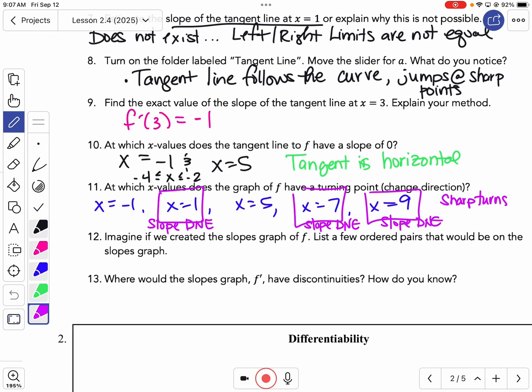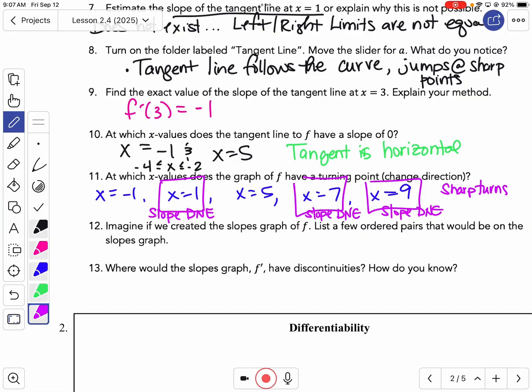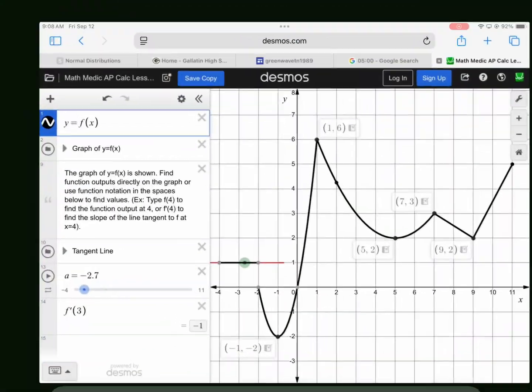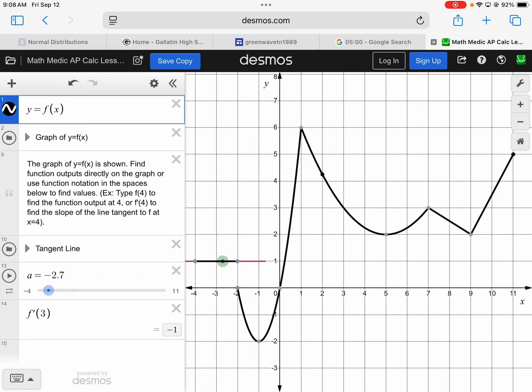Okay, so now it says, imagine if we created the slopes graph of f. We want to list a few ordered pairs that would be on the slopes graph, okay? Well, we already did a couple of those in the first part, where we said between 7 and 9, just looking at my tangent, at 8, what would the slope be?